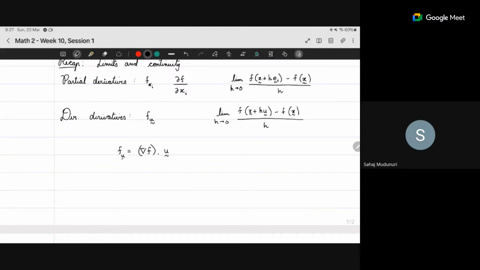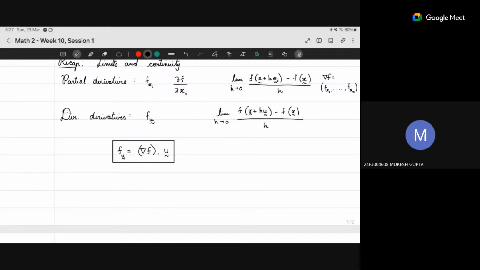So what are the assumptions that need to be satisfied for this equation to hold? u should be a unit vector. But what are the conditions required on f? The partial derivatives at that point should exist.